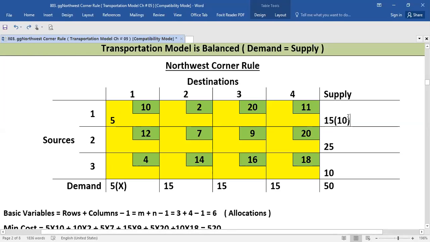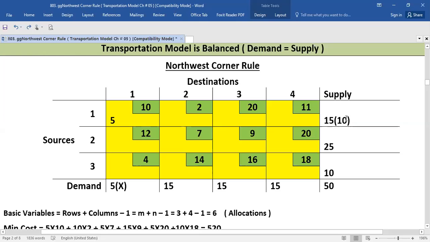You put 10 in front of 15 in brackets. It shows that your supply is reduced from 15 to 10.